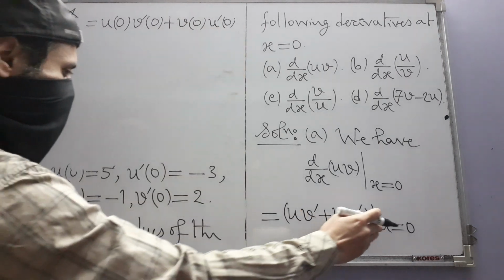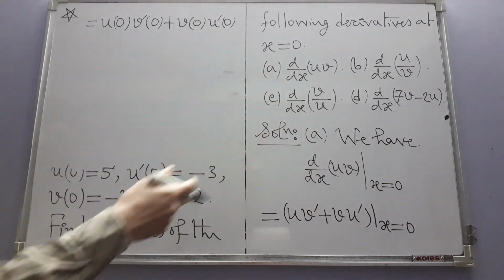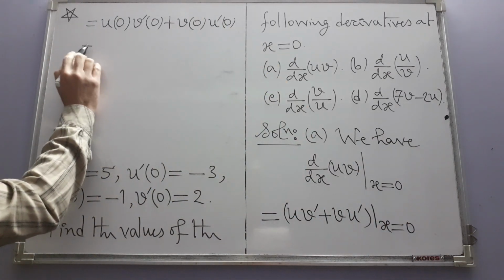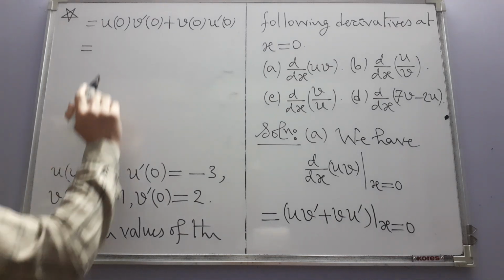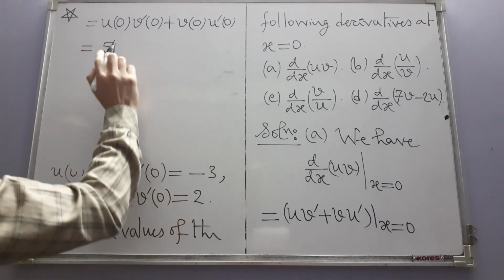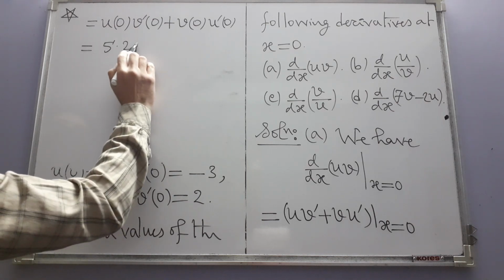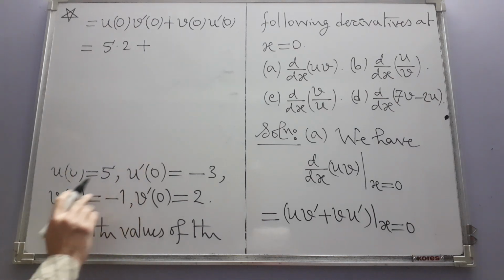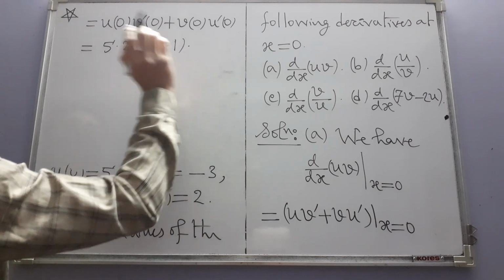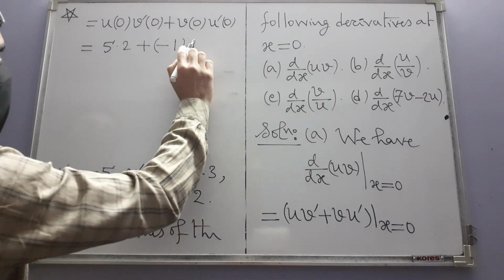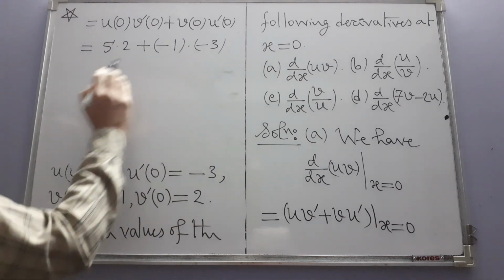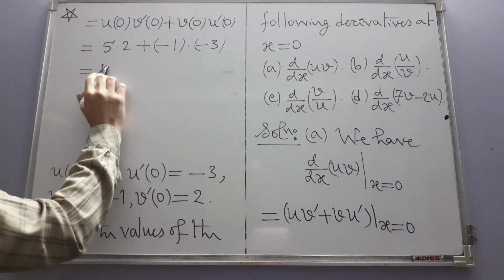Now that you have made the substitution, there is no need to write it anymore, this part. Now u of 0 is 5 times v prime of 0 is 2 plus v of 0 is minus 1 times u prime of 0 is minus 3. So that means 10 plus 3. So this is 13.